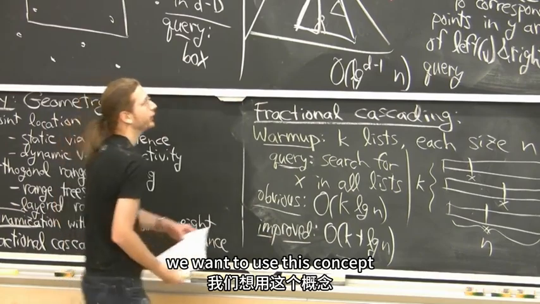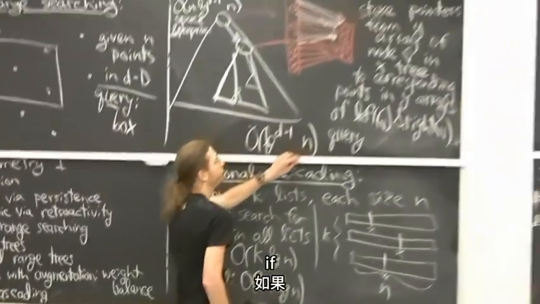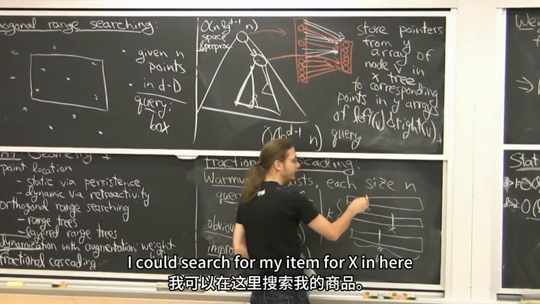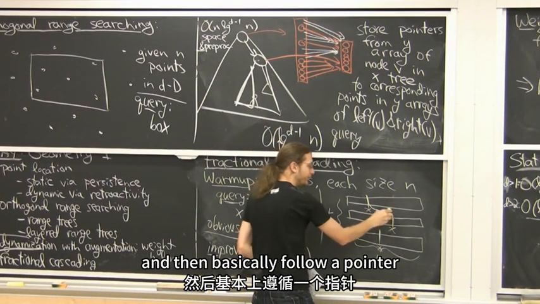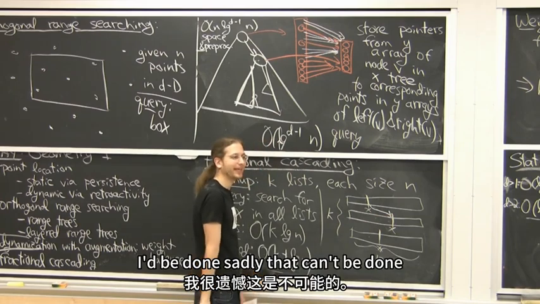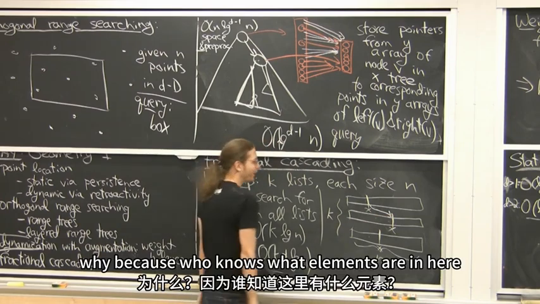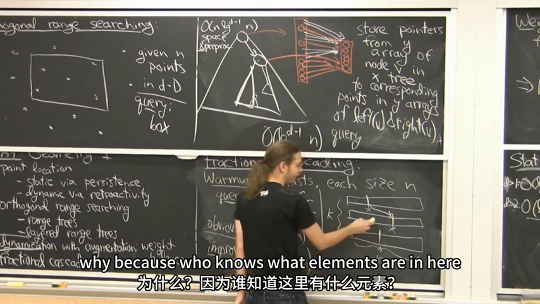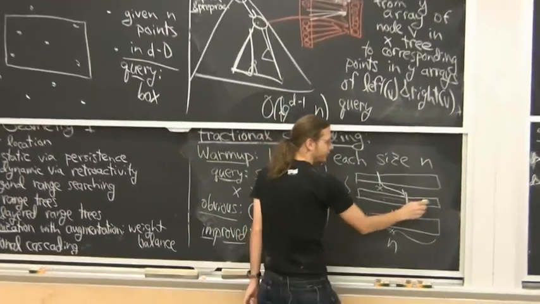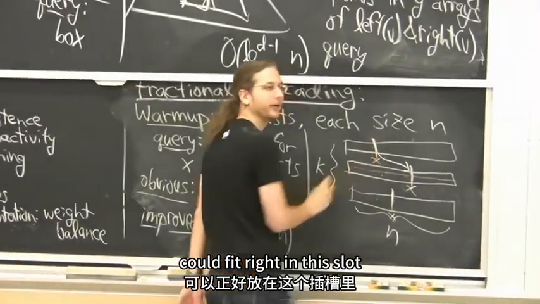We want to use this concept. If I could search for my item x in here, and then basically follow a pointer to where I want to go in here, I'd be done. Sadly, that can't be done. Why? Because who knows what elements are in here? All of these elements could fit right in this slot.